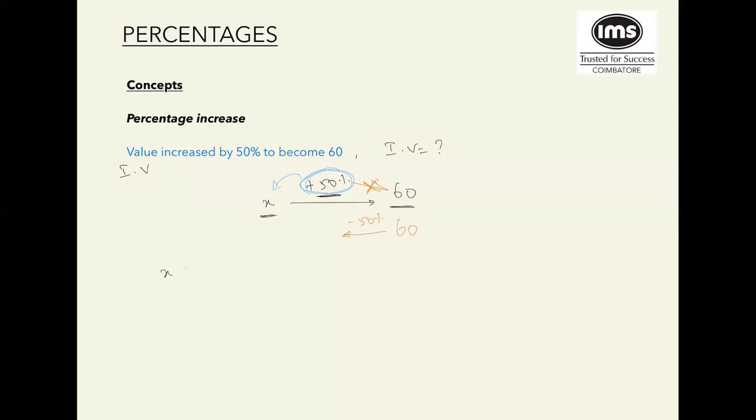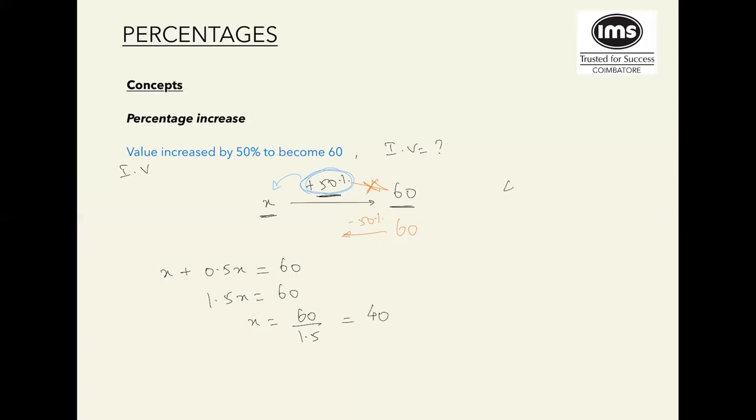So what we should do is take X and take 50% of X to make it 60. 1.5x is 60. X is 60 by 1.5. So the value is 40.